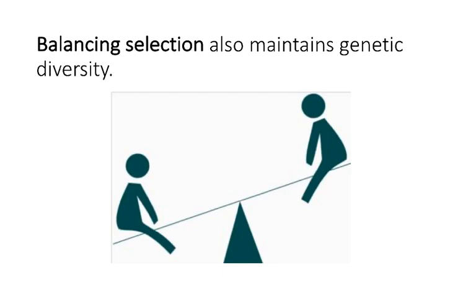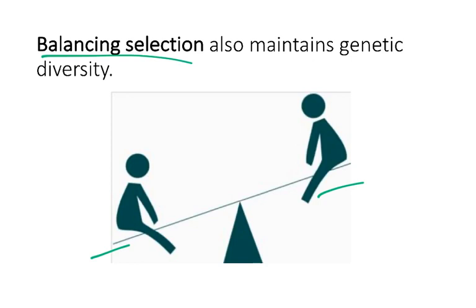Another type of selection that can help to maintain genetic diversity is called balancing selection. And I have a teeter-totter here because the idea with balancing selection is that two different alleles, so you might have allele 1, allele 2, at different points in time or different points in space, the allele frequencies can either increase or decrease depending on the situation, but neither of them is completely eliminated from the population.